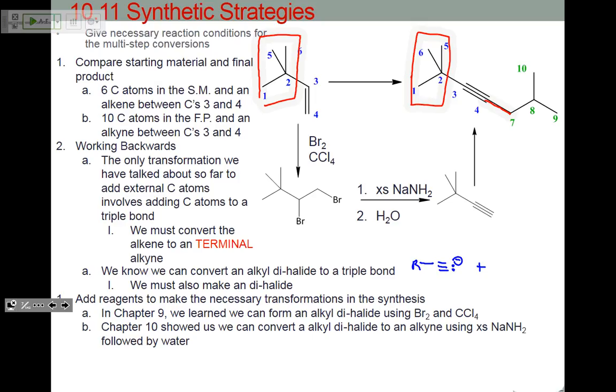Our alkyl halide is going to contain these 4 carbons. Where is our carbon-halogen bond going to be? On which carbon? 7, because why? Why does it have to be on carbon 7?